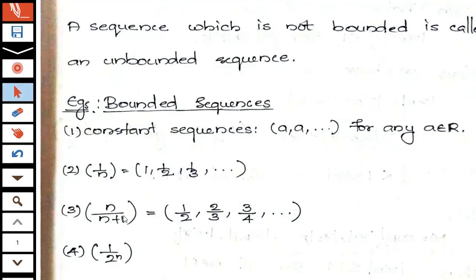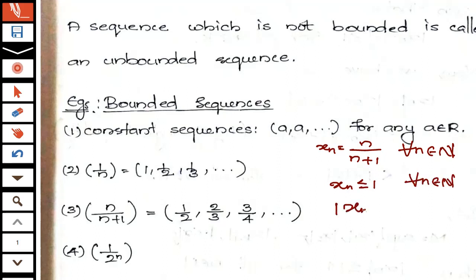Now, consider the sequence n/(n+1). So, that is 1/2, 2/3, 3/4, etc. Here also all the terms are less than or equal to 1. That is, here xn is equal to n/(n+1) for all n belongs to N. This xn is less than or equal to 1 for all n belongs to N. Here the terms are positive.